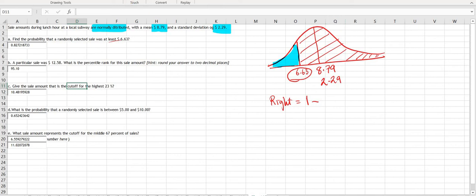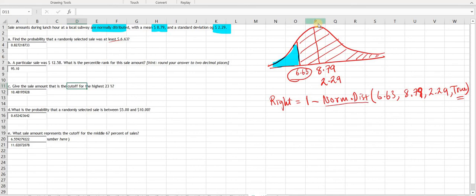So 1 minus norm dot distribution of 6.63, comma, the mean, comma, the standard deviation, comma, true. It's always the cumulative function because this is a distribution that is continuous. So we're going to go with the cumulation, and that is true right here for the normal distribution always.